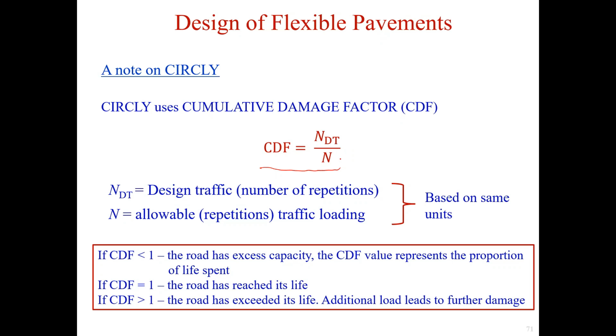If the CDF equals 1, it means the road has just reached its life. Otherwise, if the CDF is greater than 1, then the road has exceeded its life and been damaged. Obviously, additional loading will cause further damage to the flexible pavement.